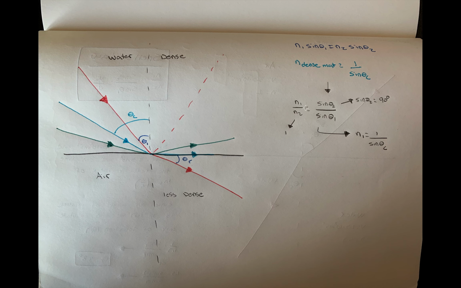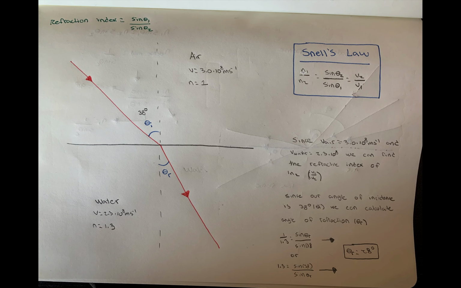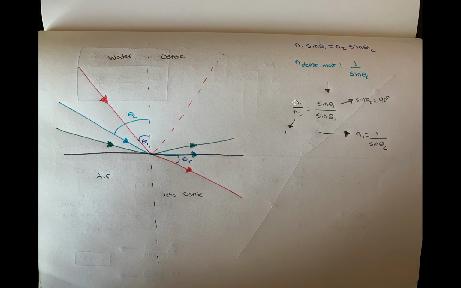We can also prove that the refraction index of the dense material, which is part of our Snell's law equation over here, can be set as 1 over sine of the critical angle. Through Snell's law, the refraction index of our first medium over our second medium is equal to the sine of the refracted angle over the sine of the incident angle.